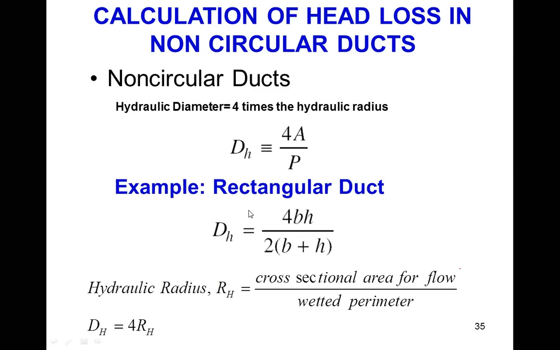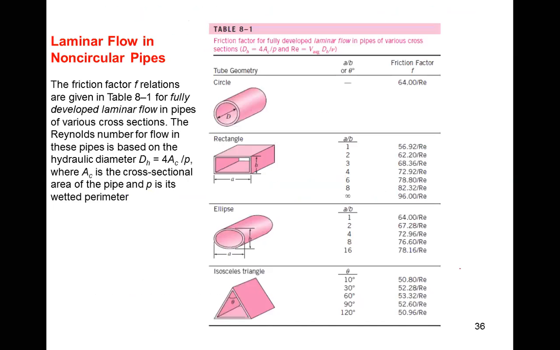Okay, so this we already talked about, in the case of a rectangular duct. And these are various shapes, where you can calculate your A by B ratio, and these are the corresponding values of the friction factor. So practically you need not remember any of them.